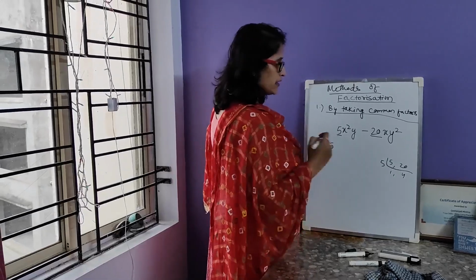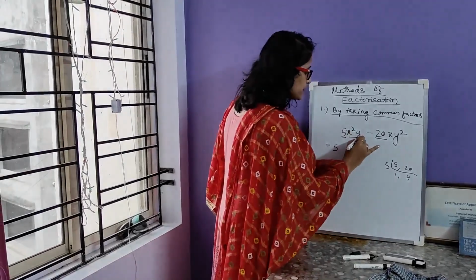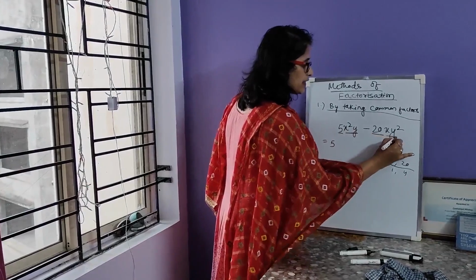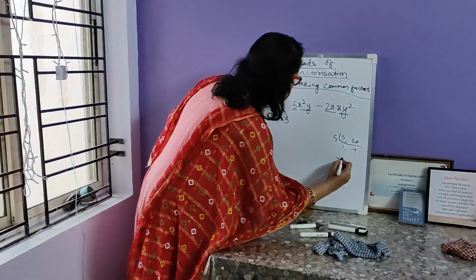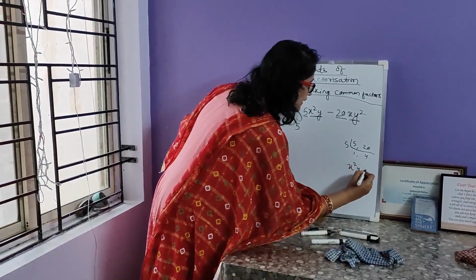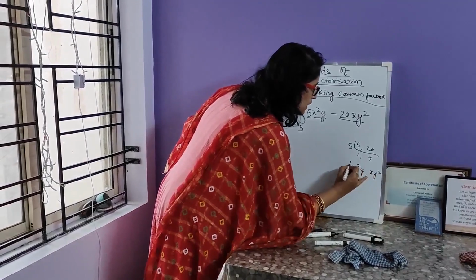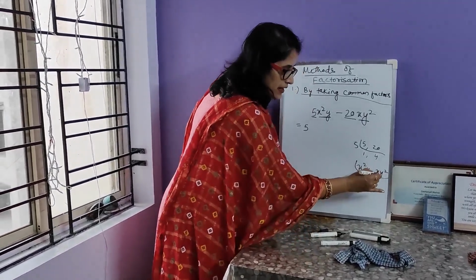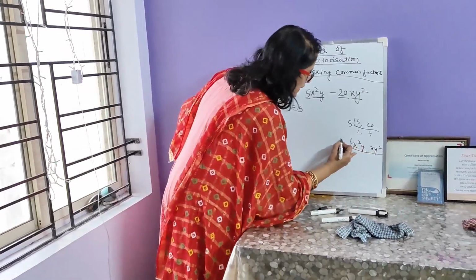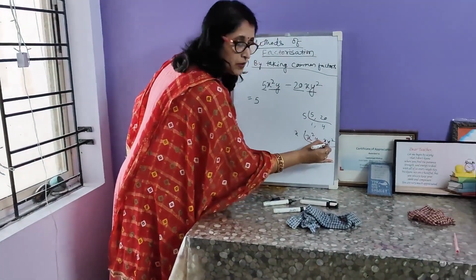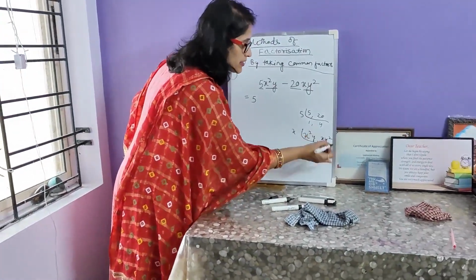Then the literal parts are x square y and xy square. Let's take the HCF of x square y and xy square. What will be common? x is there, but x square is not in both terms. And y is there, but y square is not present in both terms.